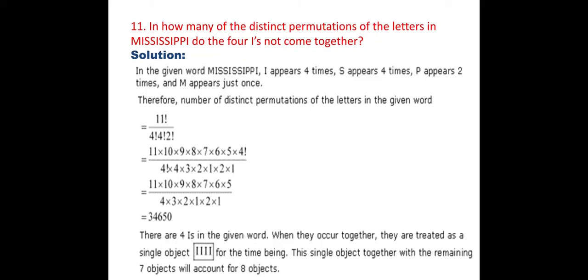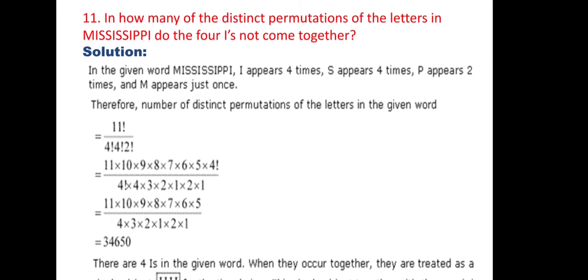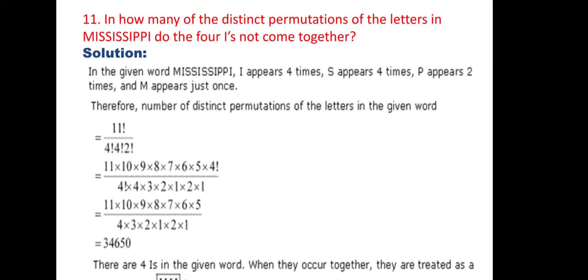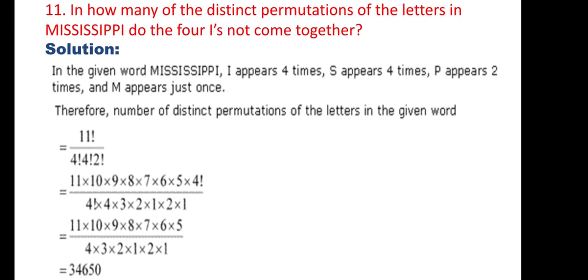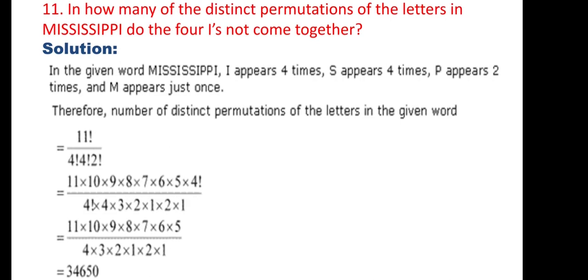Students, the next question is: in how many distinct permutations of the letters in Mississippi do the four I's not come together? So students, in Mississippi, four I's are there. S appears 4 times, P appears 2 times, and M appears just 1 time.